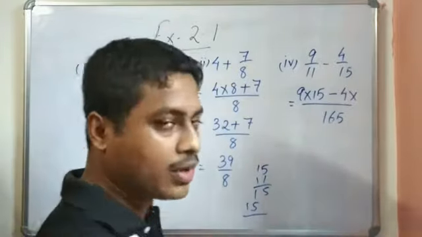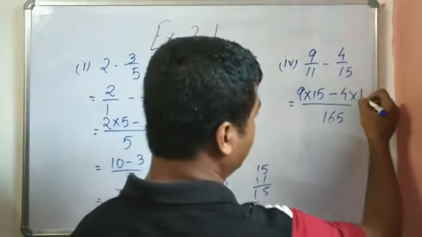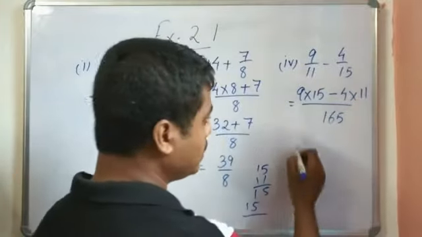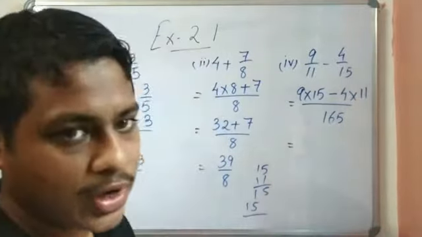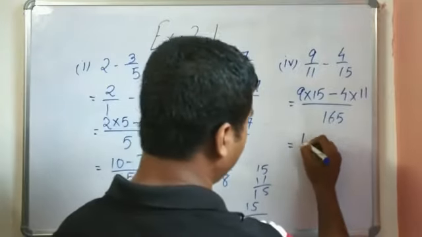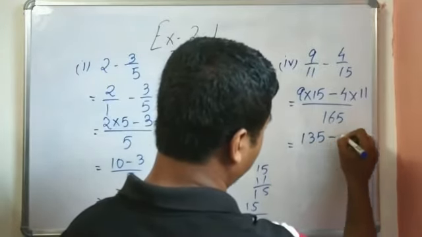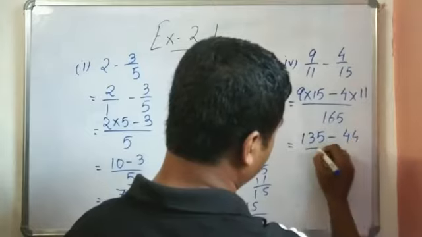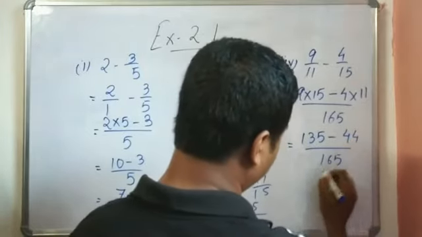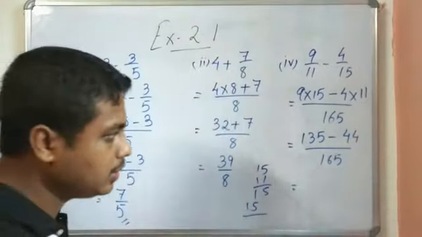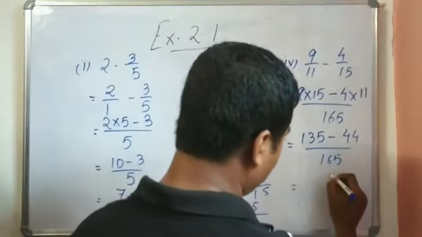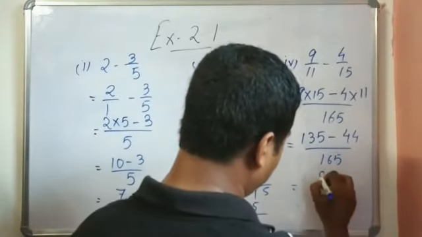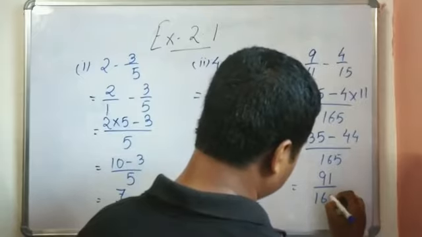You go on trying with the numerator. So this will be 4 into 11. 9 into 15 is 135, minus 44, divided by 165. Clear? So here your answer will be 91 by 165.